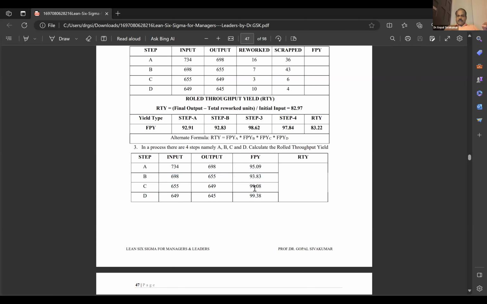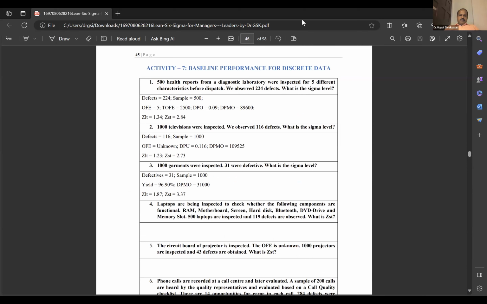I think now you all can complete this particular activity. Am I right? Yes, sir. Activity number 8. Please solve all of this in your workbook and then we'll verify it.